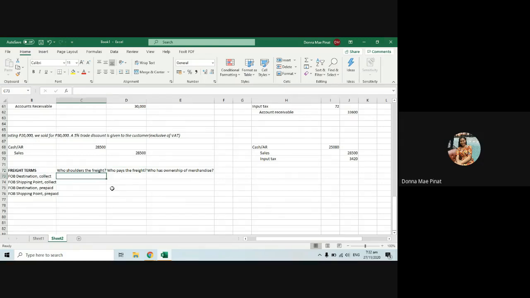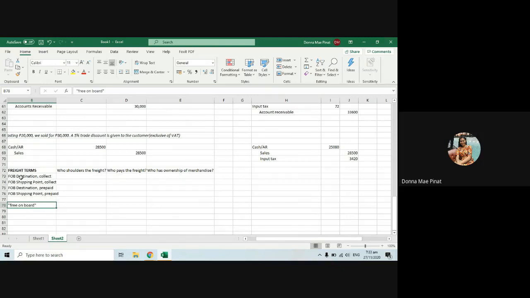By the way, the meaning of FOB is free on board. This is how I remember and analyze kani kay daghan mo galibog ani, even during our time. Pero ako dili ra gyud ko galibog because tungod ani nga word free on board.